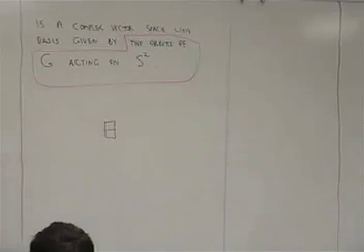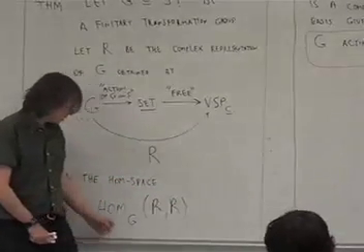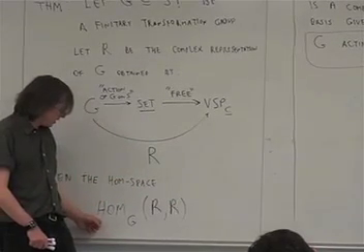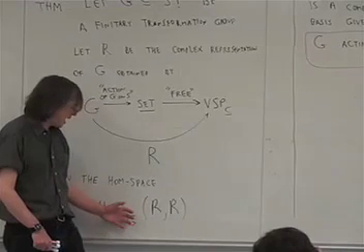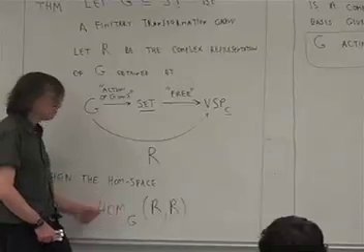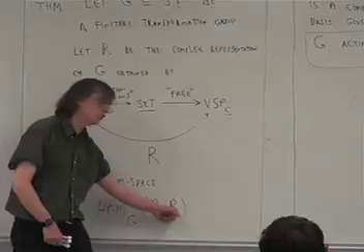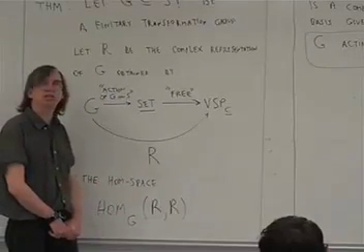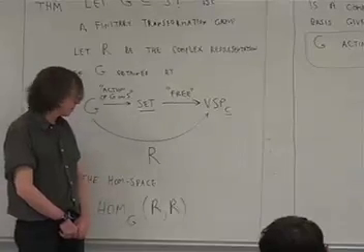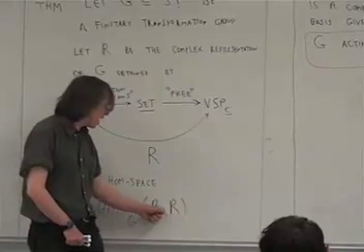So, first of all, let's try and state what this Hom space means. This means that we have a certain category. We're taking the space of morphisms in a certain category from a certain object to itself. So the category that we're dealing with is the category of complex representations of G. And the object that we're dealing with is R. And we're looking at the morphisms from that object to itself.